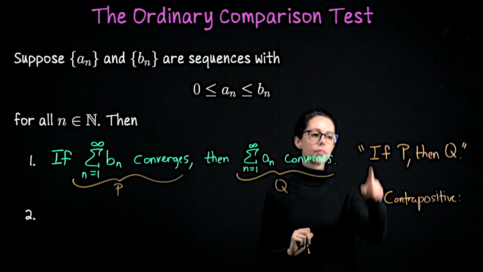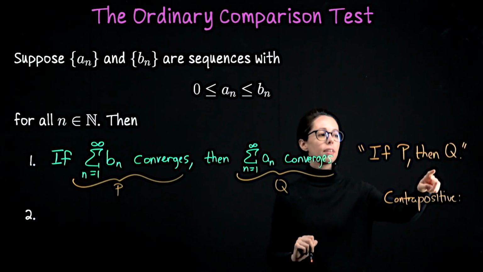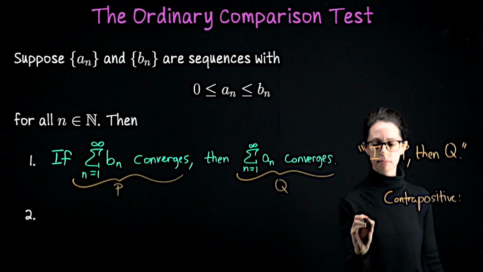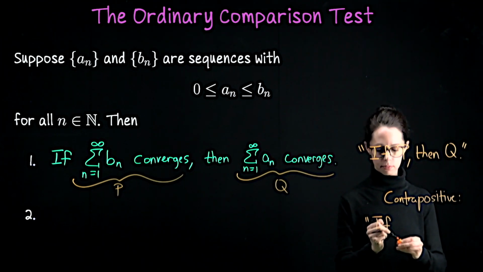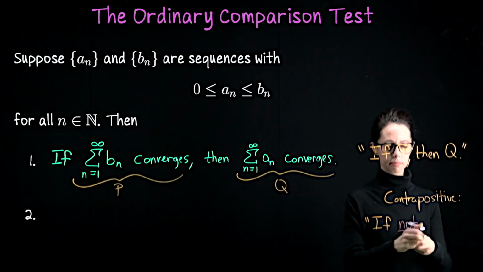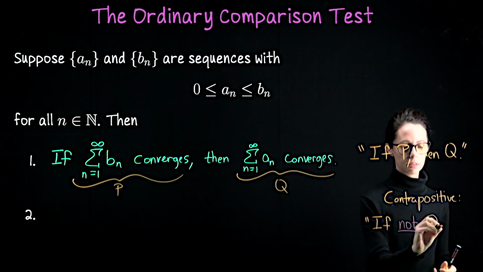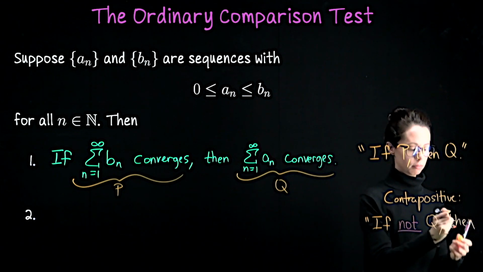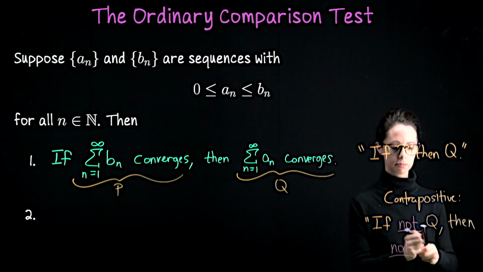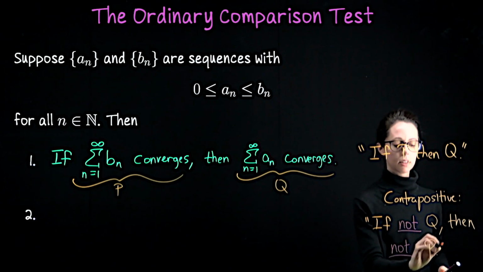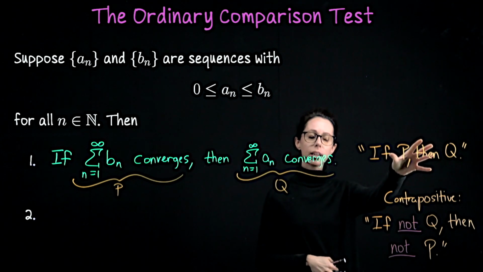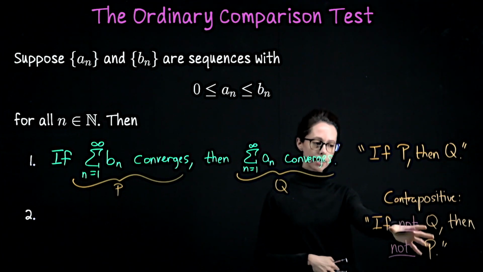The contrapositive of an if-then statement is if not Q, then not P. All if-then statements have this relationship that this statement is true when this statement is true, and this statement is true when this statement is true.